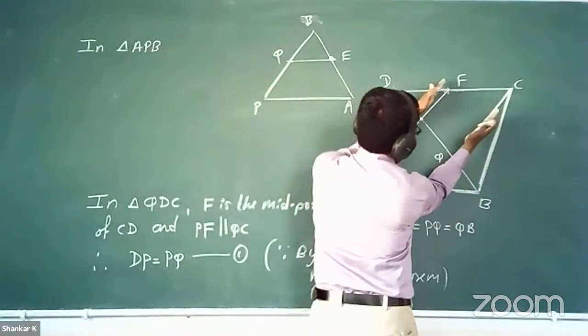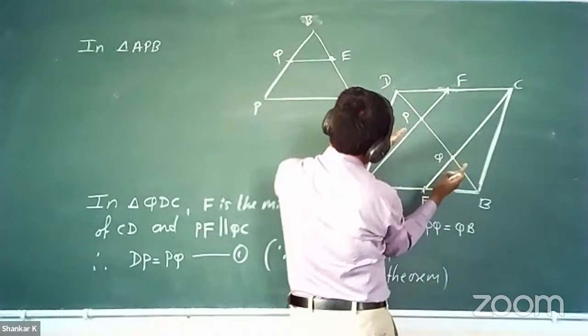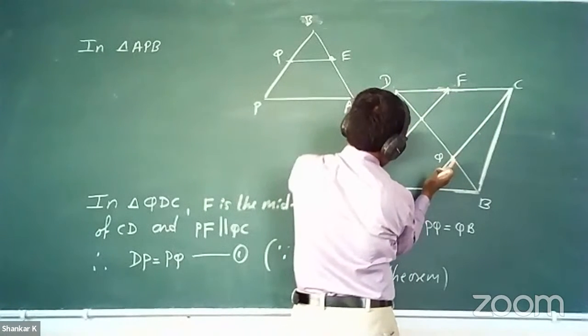AF and CF are parallel, so AP and QE are parallel.